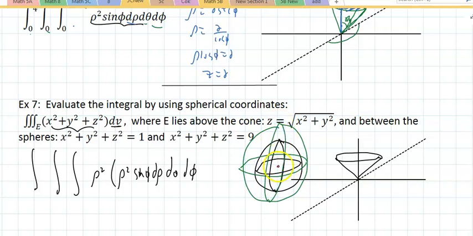And what you're doing, you're cutting and rotating all around, and you're going to end up with two of these cones. Well, not a big deal, because when you look at this, you know rho is going to run between 1 and 3. That takes care of it.